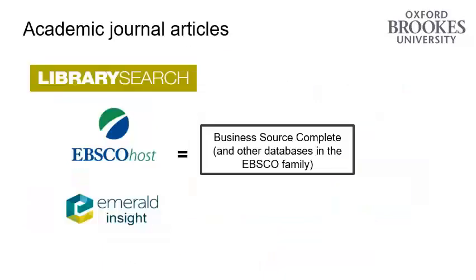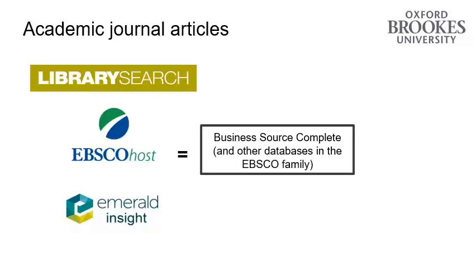These are some top sources of academic journal articles. So firstly, we have Library Search. Library Search is also the place that you would go to find books and ebooks, and it searches across quite a wide range of journals.